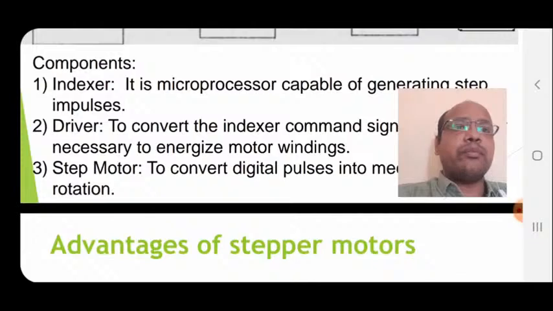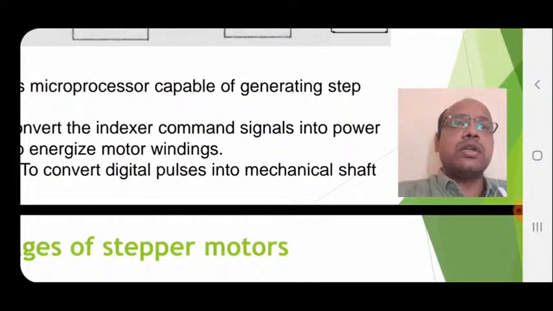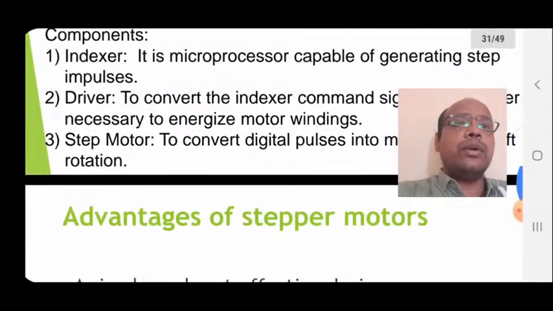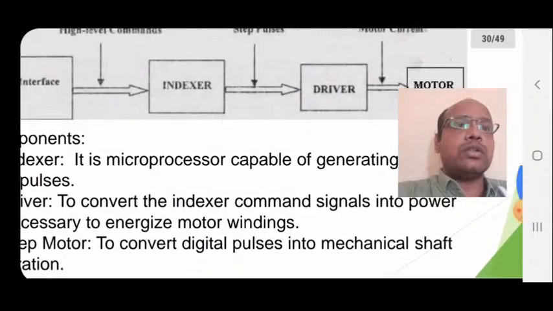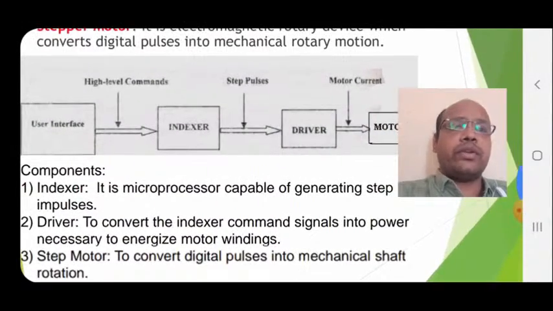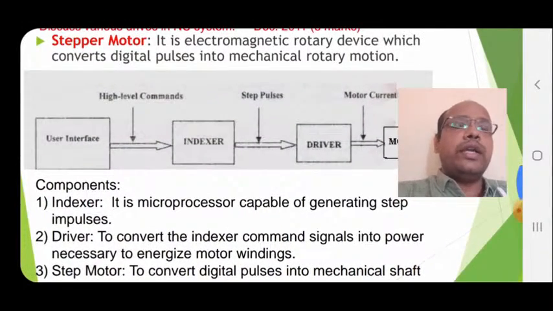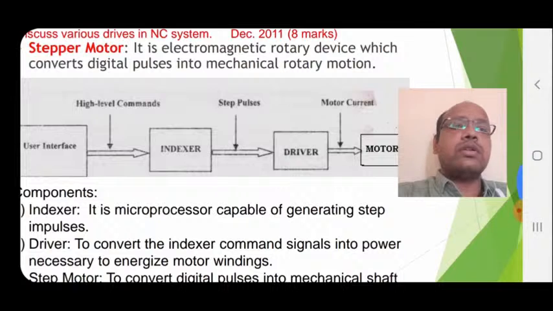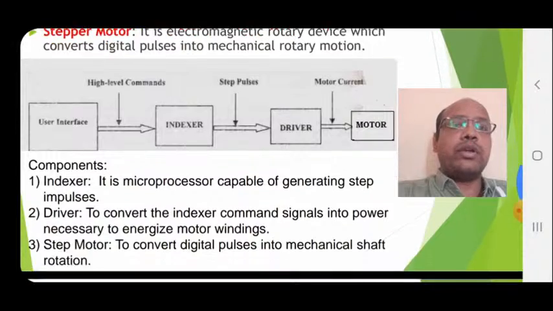And then at the last, the stepper motor is used to convert digital pulses into a mechanical shaft rotation. So this is a schematic of stepper motor which explains the function of stepper motor.